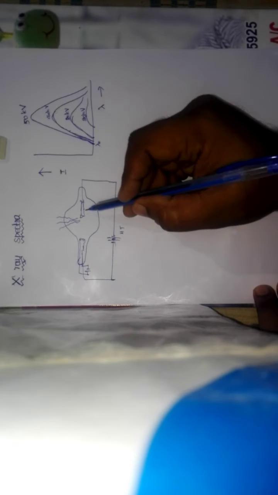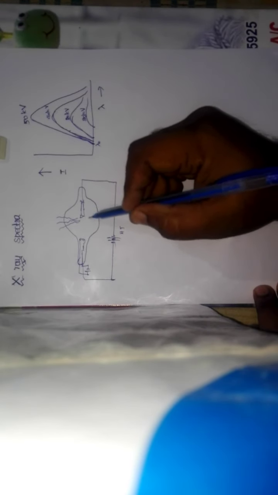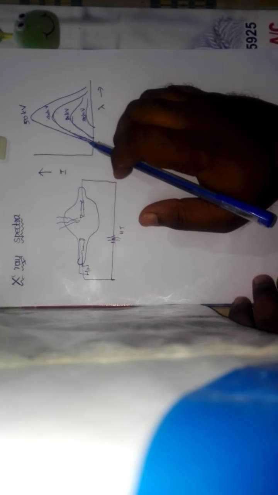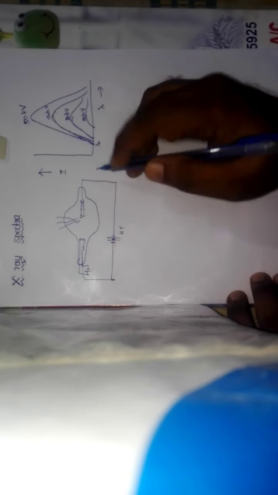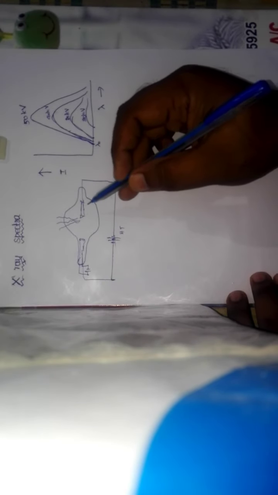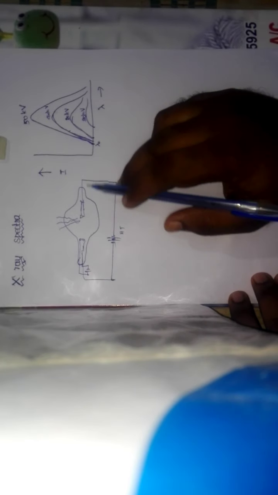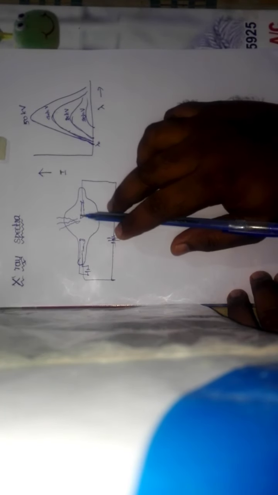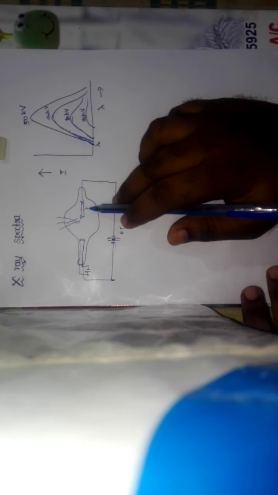So we use different types of targets, replacing them. The target is made up of, for example, copper, tungsten filament or molybdenum. That is the production part, what the target consists of.